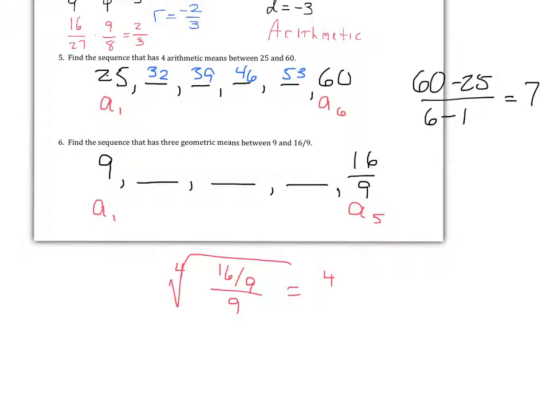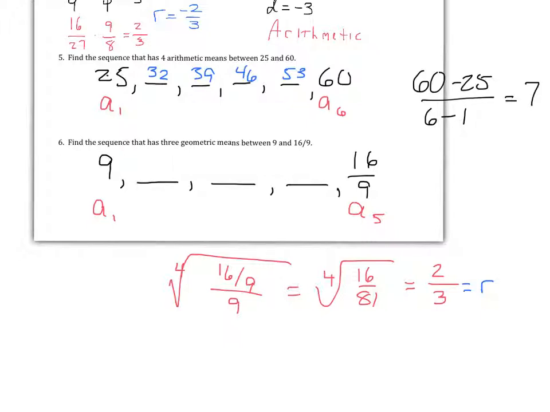So this is going to be the 4th root of 16 over 81. The 4th root of 16 is 2, and the 4th root of 81 is 3. So we just found that 2/3 is the R value. So we're going to be multiplying every term by 2/3.